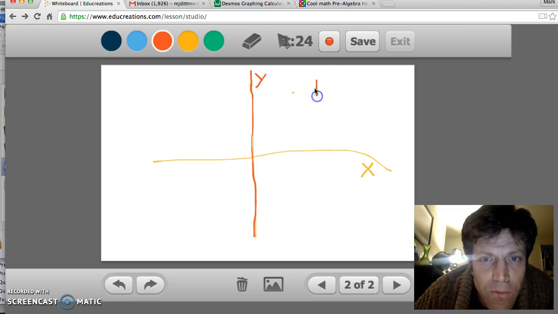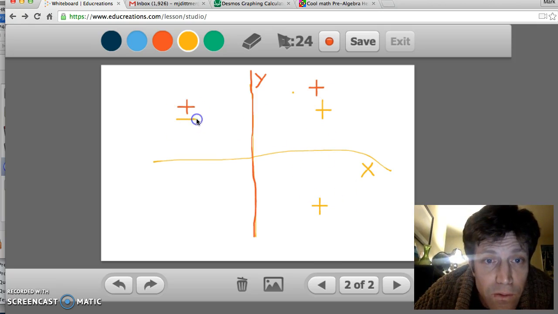Well, it's up here. Where's the positive for yellow? Well, it's over here. And the negative for x is over here, and the negative for y is down here.